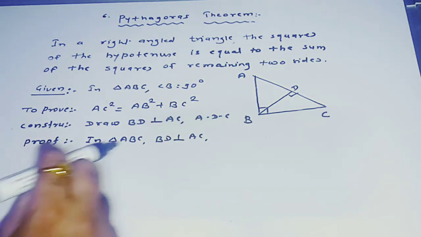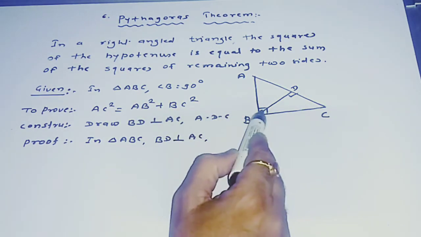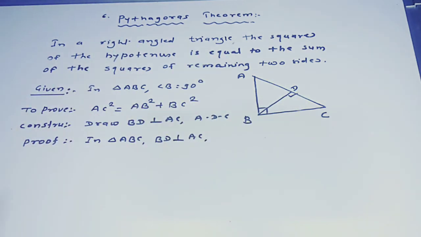Then what we have is that in triangle ABC, BD is perpendicular to the hypotenuse.